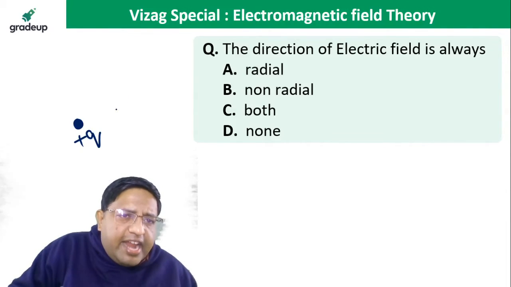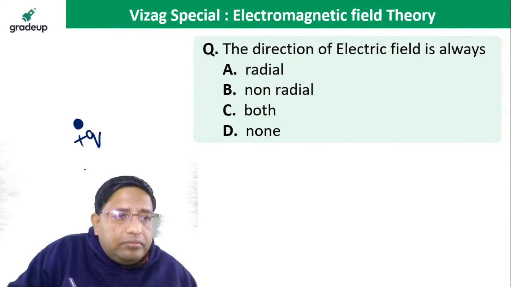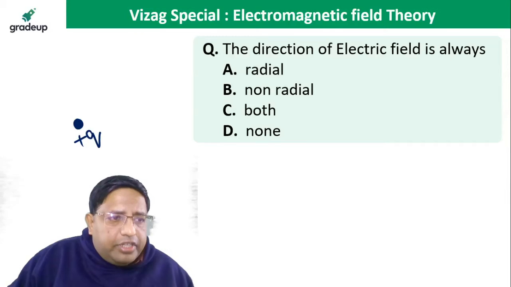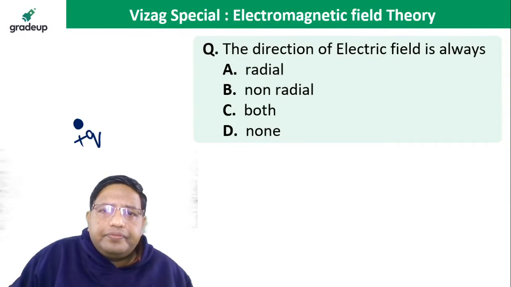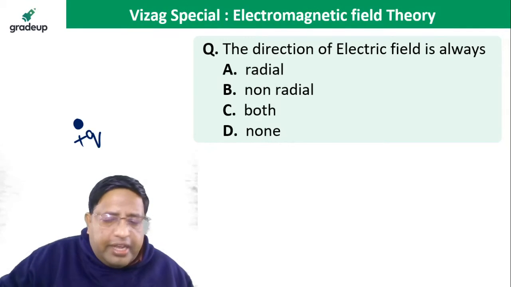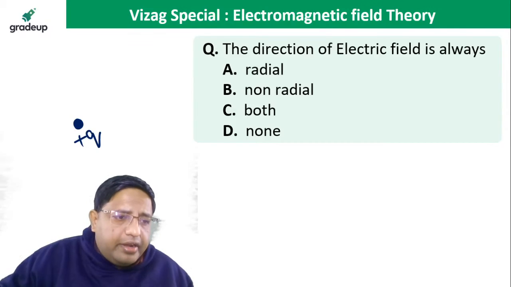It is a straight line or radial? Try to give the answer of this question. Very easy question. What is the direction of electric field?